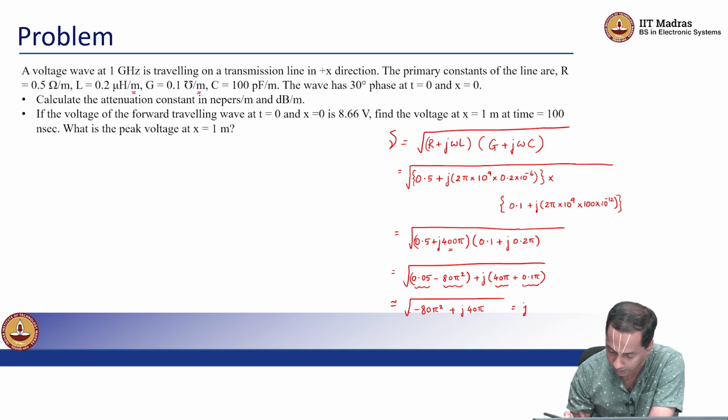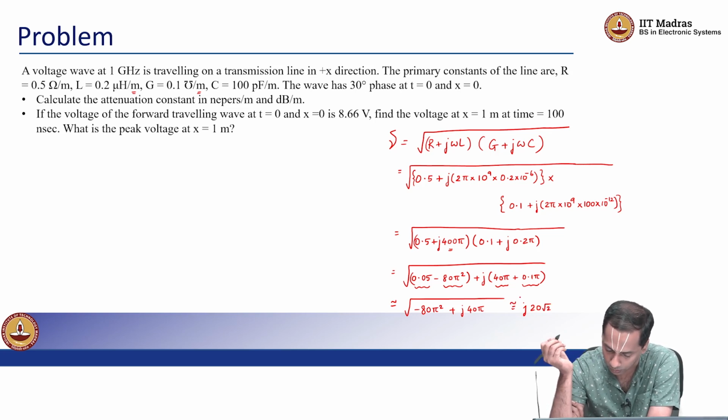So I'm going to take a minus 1, that will become a j, and then if I take 80 pi squared completely outside, this is all rough, right?